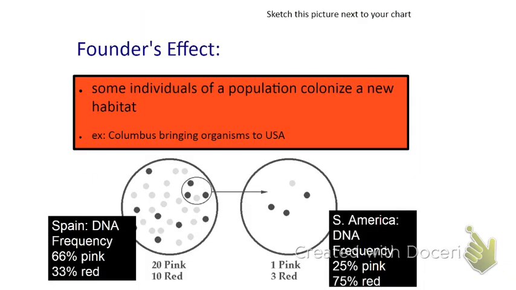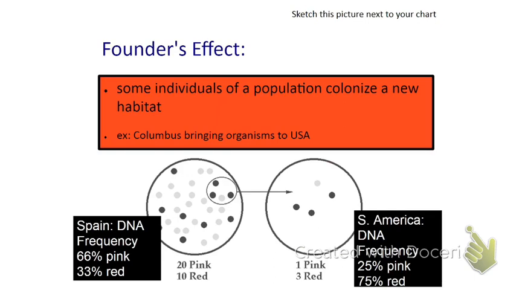I'll give you an example of each. Imagine Columbus bringing different organisms to South America. When he takes a sample of the organisms in Spain, the allele frequency might have been this. But let's say he only takes these four, and then he brings them over, and they start reproducing.